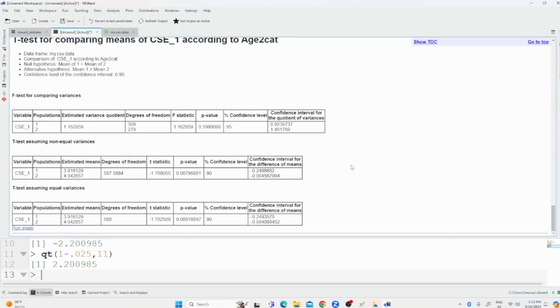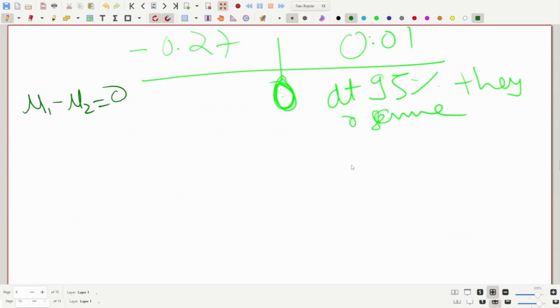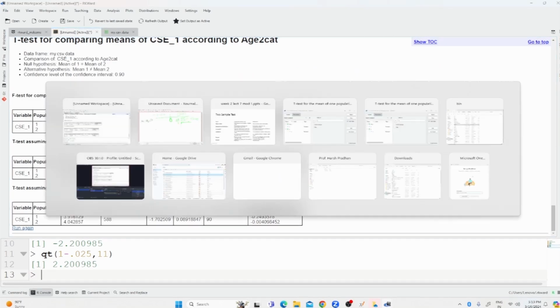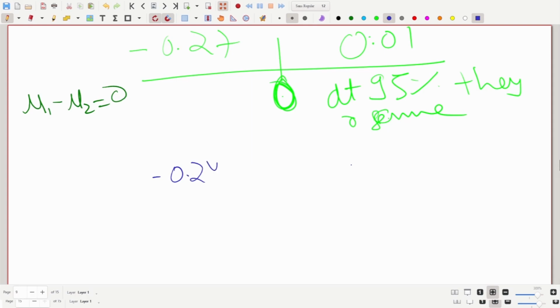Now you see at 90% what's happening, the range has changed. What has it become? Minus 0.249 to minus 0.004. This does not contain 0, 0 is here.